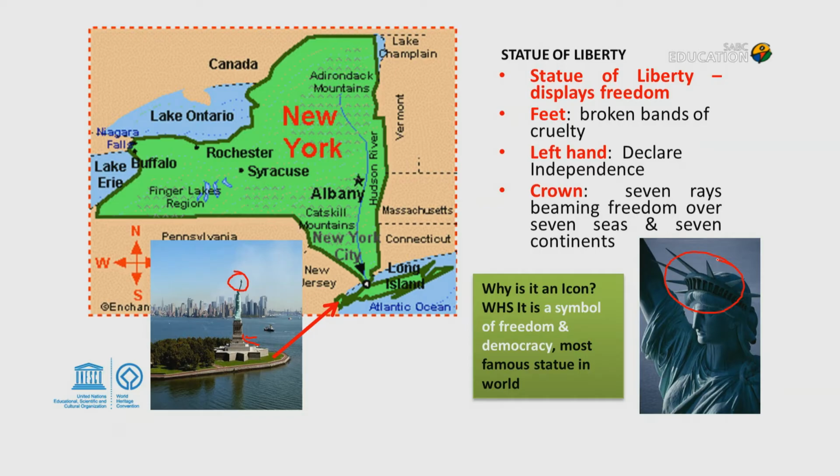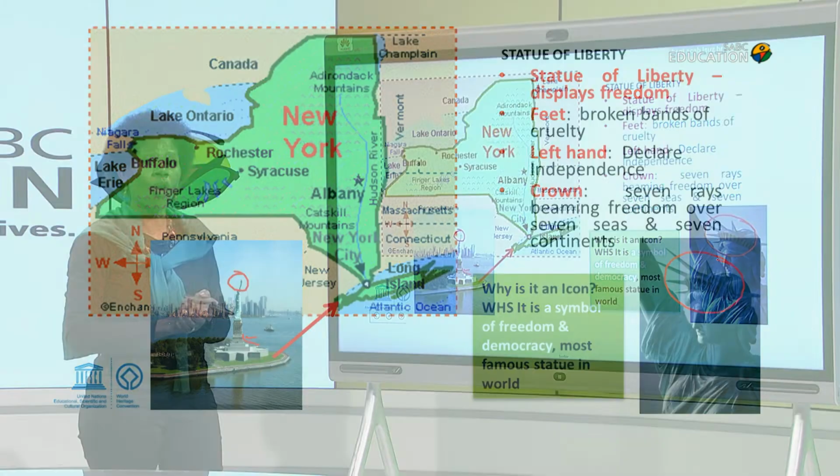Most famous statue in the world. When you as a tourist, when you as people of this country, look up to this statue, you see freedom and democracy. This is how it was declared as an icon by UNESCO. This is the characteristic of our icon, the Statue of Liberty.